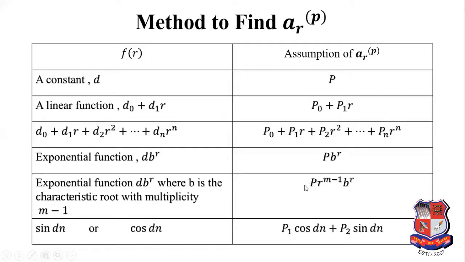Again, to make the solution linearly independent, we need to multiply by r to some power of m minus 1. That means if b repeats 2 times, then we need to assume the value of a_r^(P) is P r square b raised to r.